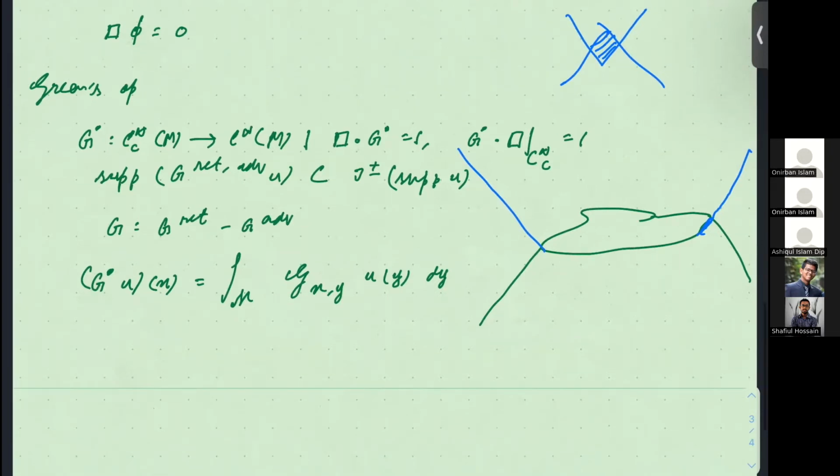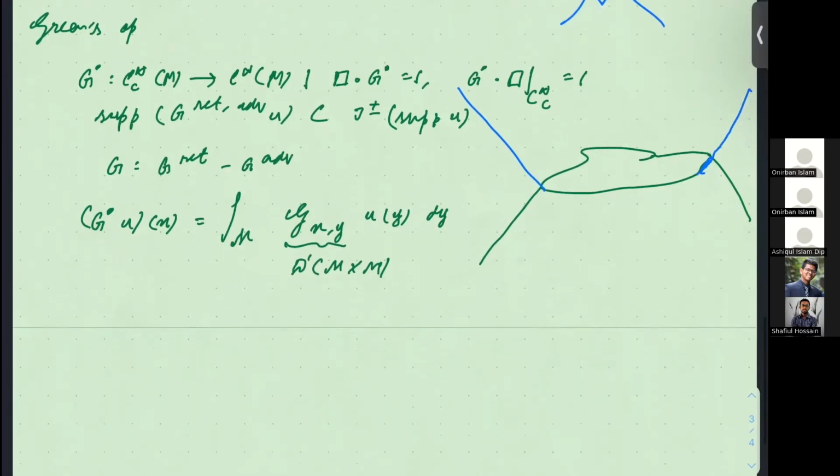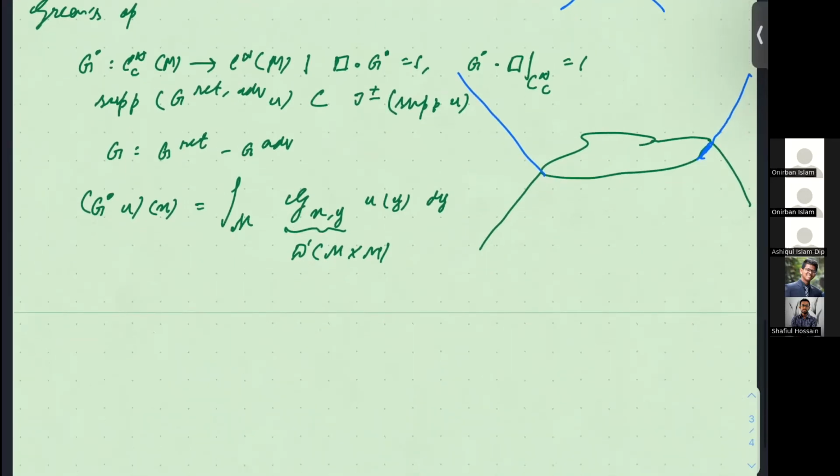So this calligraphic G is called the integral kernel, which is a bidistribution. I am not sure whether distribution theory is well known to everyone, but if you are not familiar, let me give a glimpse. What a distribution does: usually a function f maps a set to some different set.